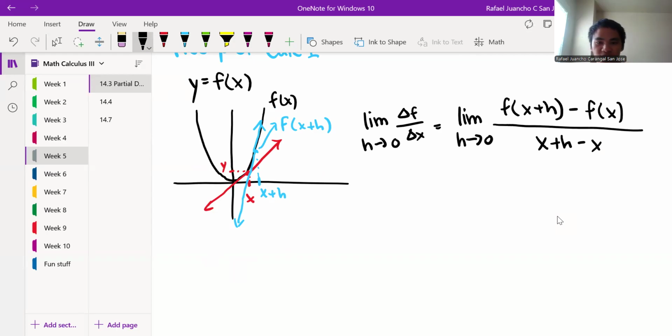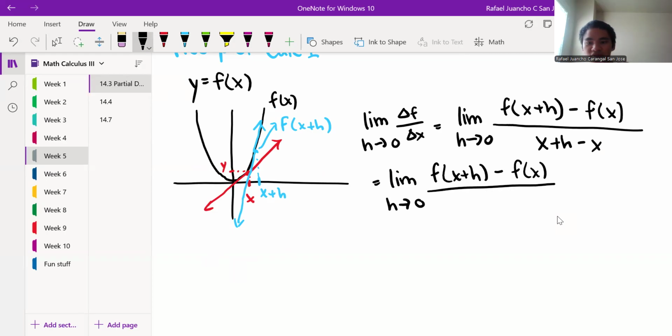Because that's just a slope. That's what the slope is. Then we get this, and here we can just subtract the x's. So we should get the limit as h approaches 0, f of x plus h minus f of x over h.